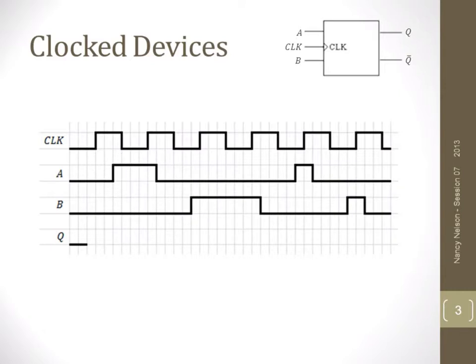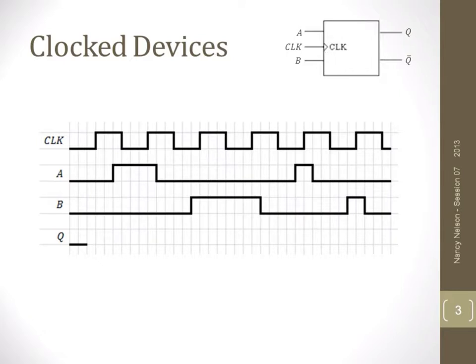Depending on the edge, like the sample and hold we had with the enable pulse, we're only going to sample here or here. So this particular device tells us, because there's no bubble on this clock input, that we're going to sample on the rising edges. If there was a bubble there, we'd sample on the falling edges.